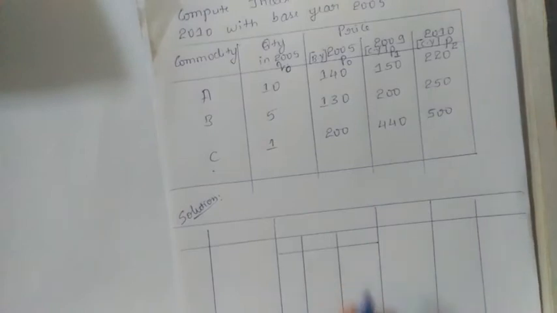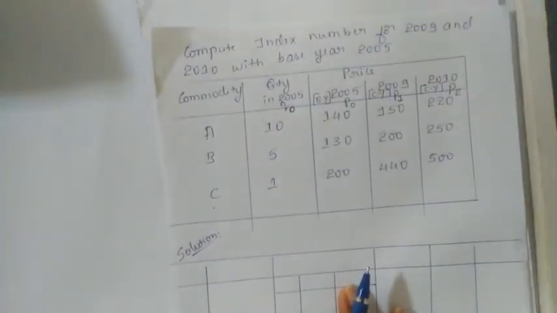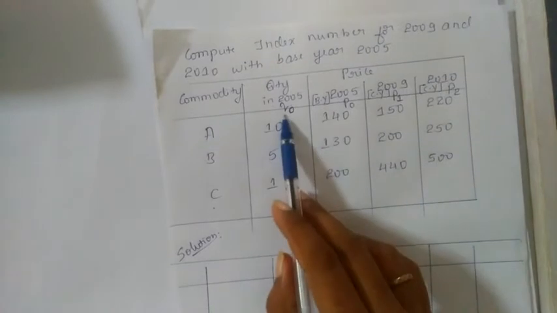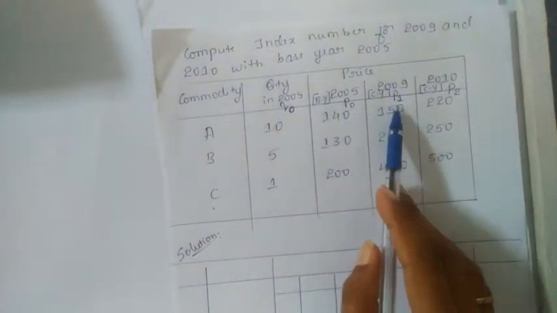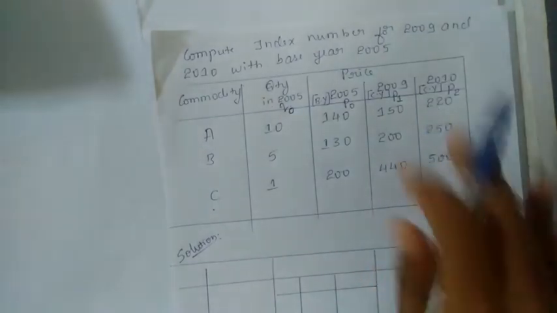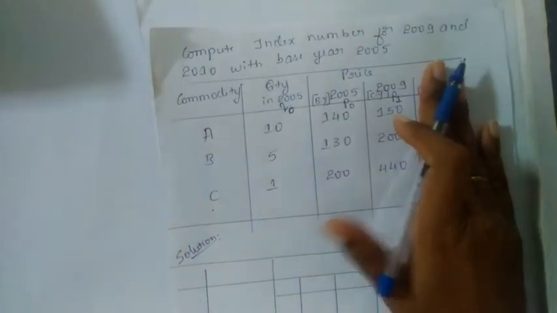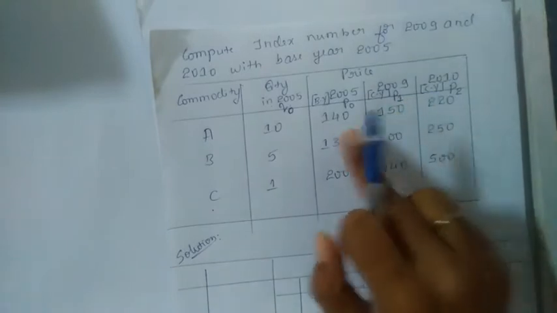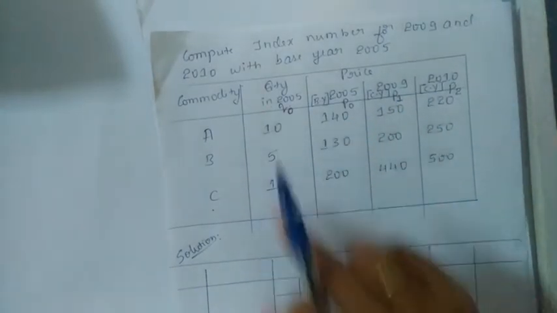Next, solution. See here, in this given problem, you have to identify which formula is related to this problem. Q naught is given, P naught is given, P1 is given, P2 is given. So you leave aside the P2 values, and you consider P naught, P1, Q naught.